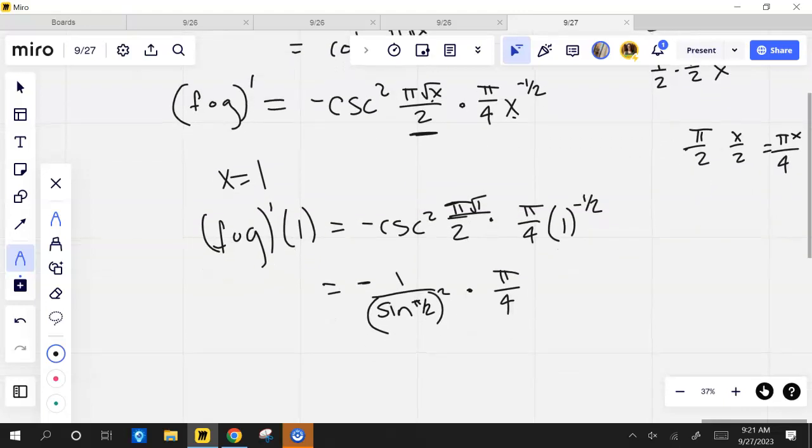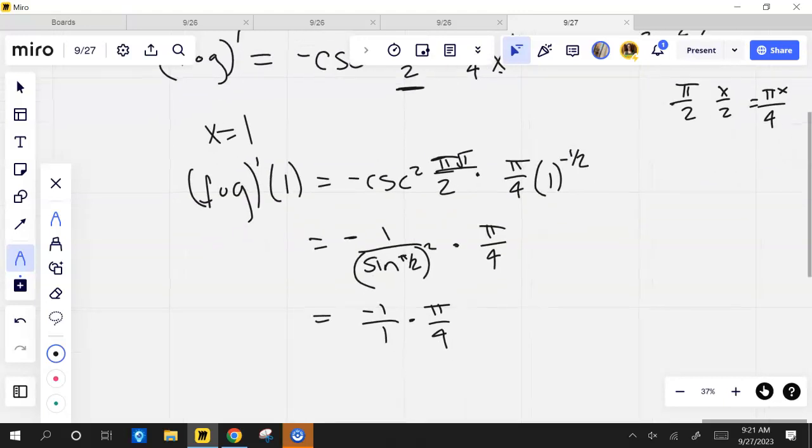At pi over 2, I'm up at the very top, right? So the y value up at the very top is 1, so 1 squared, so I got negative 1 over 1 times pi over 4. So negative pi over 4. Cosecant is 1 over sine.